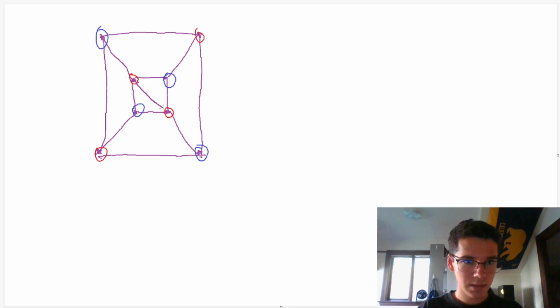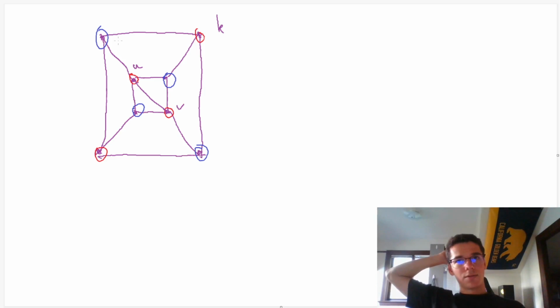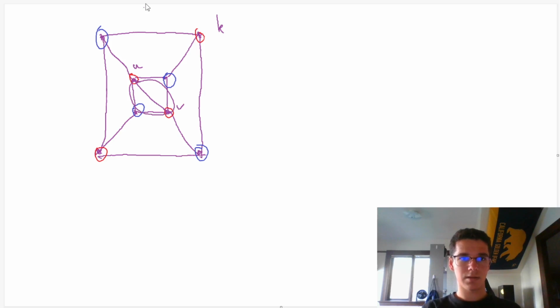The way we prove this is by starting at some arbitrary vertex K. Say vertex K is this one right here, and let's say this is vertex U, and this is vertex V. We're going to travel across U through V, and then across V through U, and we're going to see that those cycles are even, but plus this path right here, that's odd.